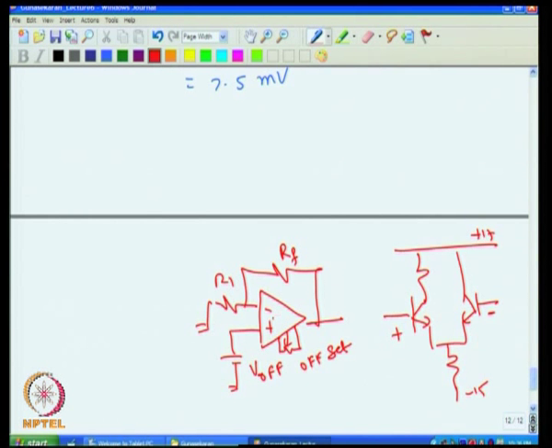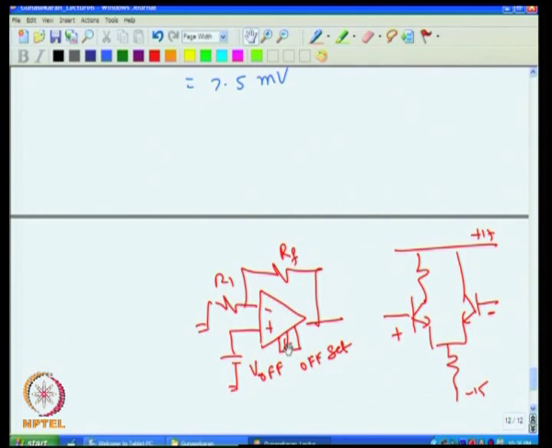If the temperature of the op amp changes, this VBE and this VBE will be changing. That means the offset voltage changes with the ambient temperature. Even if I adjust this at one temperature, at another temperature it is not going to be adjusted. It will definitely produce an output voltage, because you cannot adjust the offset voltage at each and every temperature. So, offset voltage adjustment only partly solves the problem.